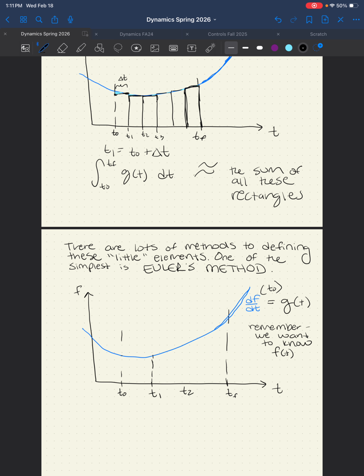And let's say we're given some df dt. So what's an example of a variable that is expressed as a derivative in this class? Well, maybe this is acceleration. Maybe we know the acceleration of our object is some function of time, but we want to know, what is the integral of that?